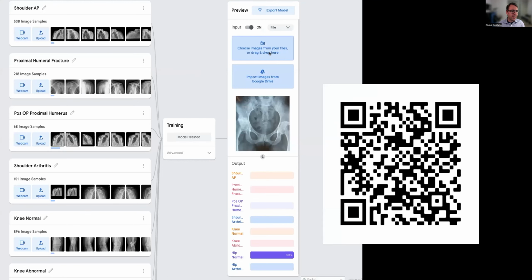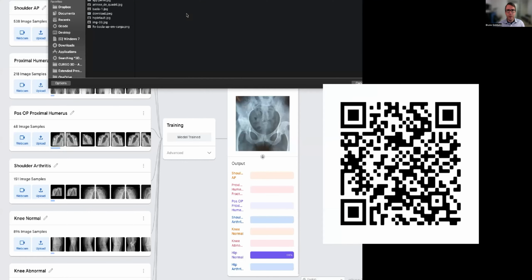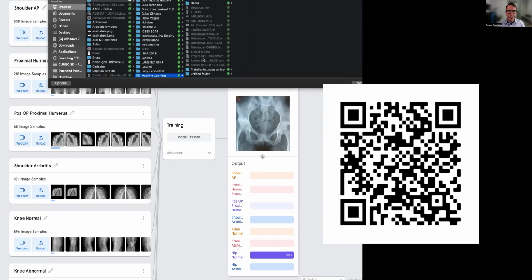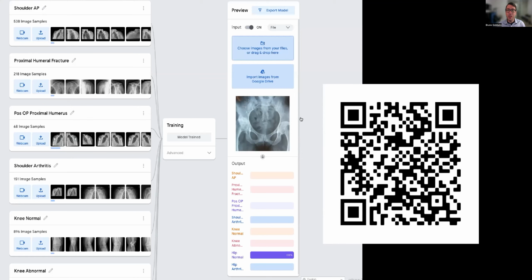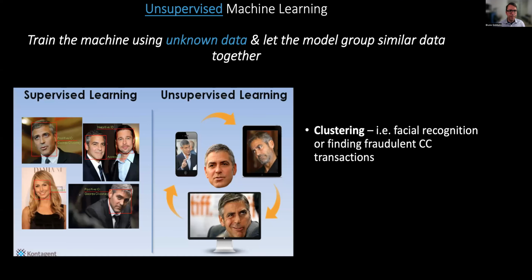And here we are showing how we can test. We drag and drop an image from our computer, and we see if the machine learning, this robot, can understand this image. You know, this is not clinically validated, it's just for testing, and in this case, the test was right.